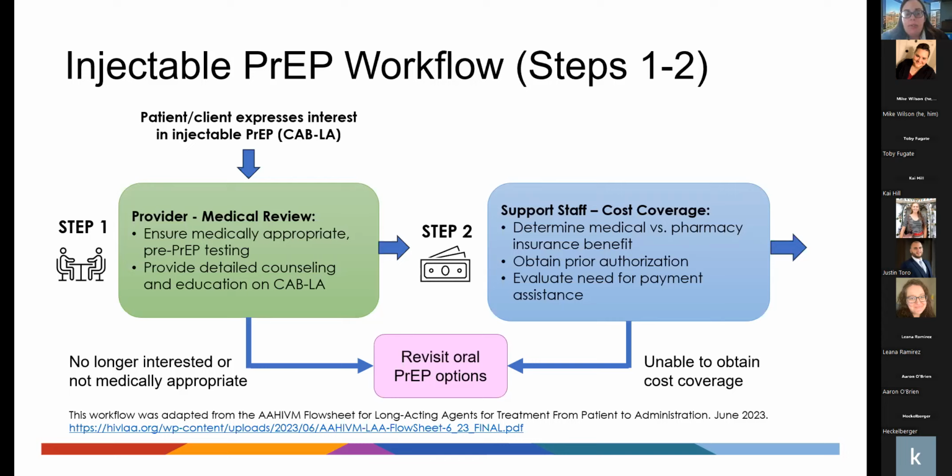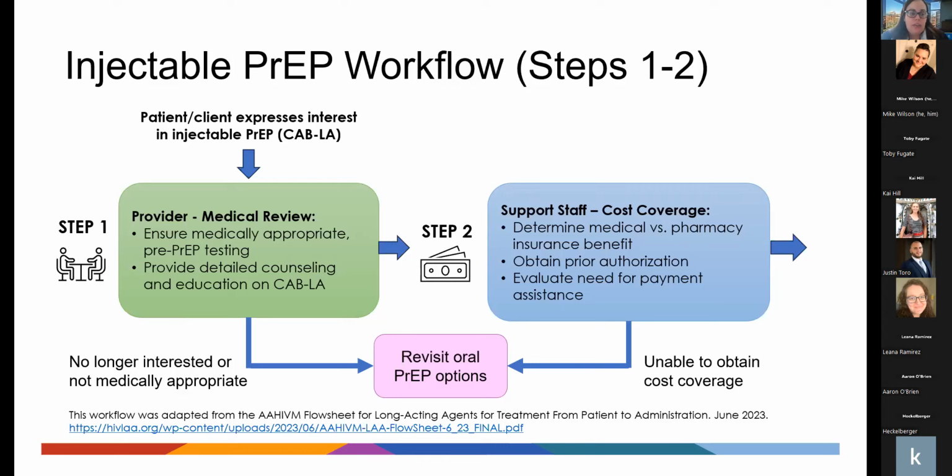Then obtaining prior authorization and evaluating need for payment assistance. The medical benefit essentially allows you to perhaps participate in a buy and bill program for those patients. For the pharmacy benefit, you really have to write a prescription to a specialty pharmacy, for example. And eventually you'll be identifying a list of pharmacies that you can work with collaboratively.